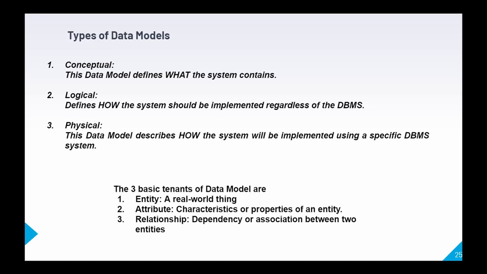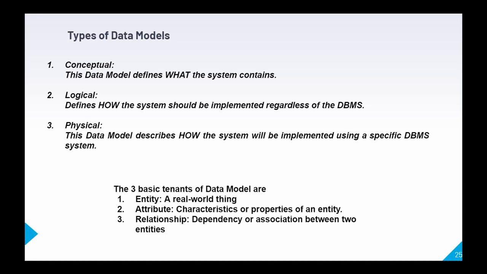So once you have conceptualized, or you have gathered all the requirements, you will proceed now with the logical design. In the logical design, you have the relationships, and then finally for the physical you have the implementation. All right, so those are the types of data models. We are going to run through an in-depth discussion about that in our further topics.